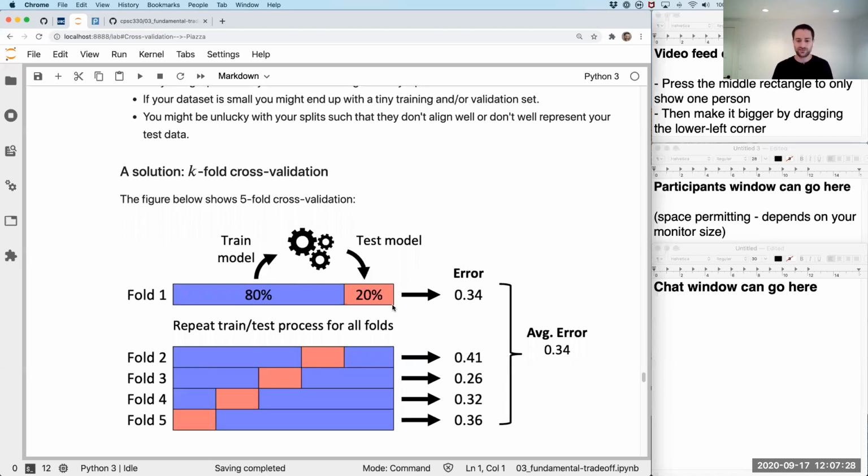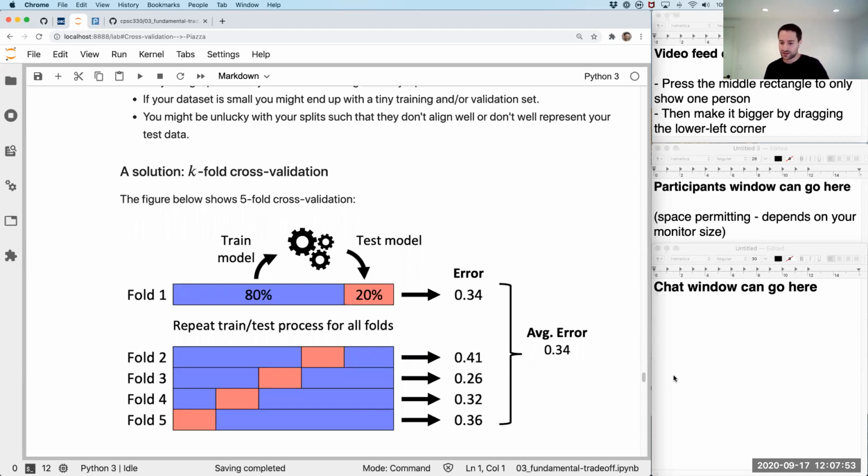And then in the end, I have 5 scores where each score comes from a different 30 of you being the validation set and the other 120 of you being the training set. And then I'm going to average these numbers together to get an overall average score or error, in this case, 0.34.